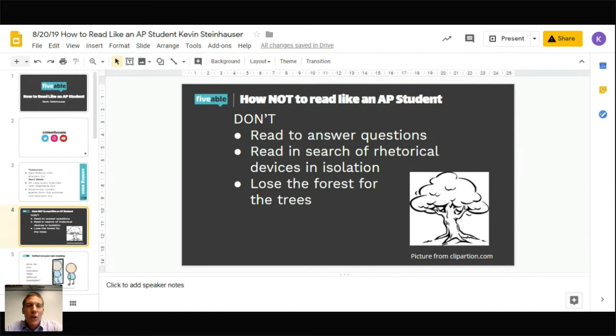Totally. All right, so that's kind of the core. In fact, I love that you said you don't have time to read the book twice, because we are not going to have time to read any passage twice this year, because everything we do is going to be under a time setting, at least for the exam itself. So you have to annotate and look for ways that he's building toward meaning, even though you're not sure until the very end what that actual meaning or purpose is. That's going to be the same skill set.